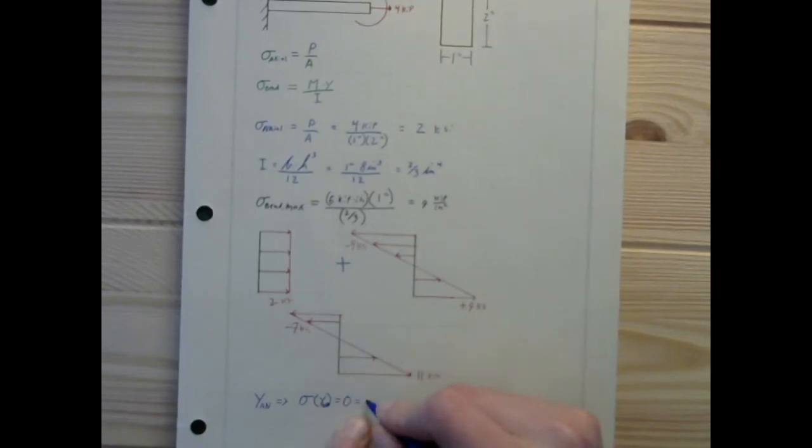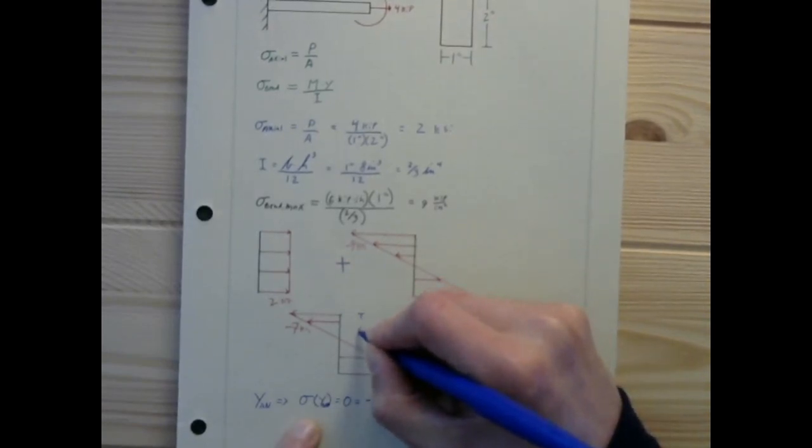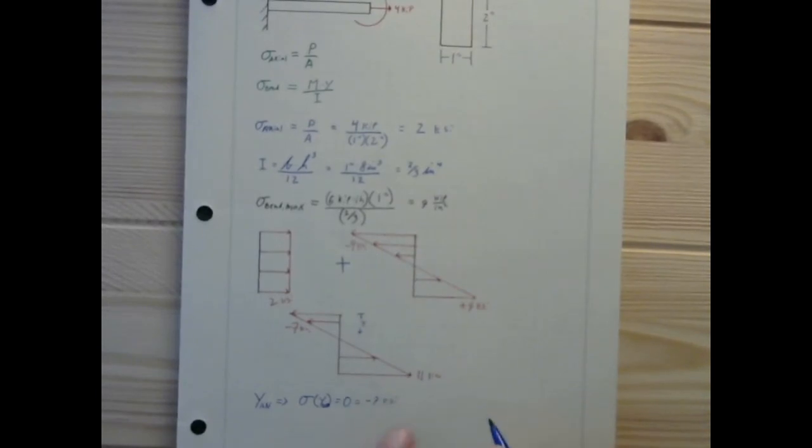It will be -7 KSI if we're moving in this direction for y, plus 9 kip per inch cubed times y.